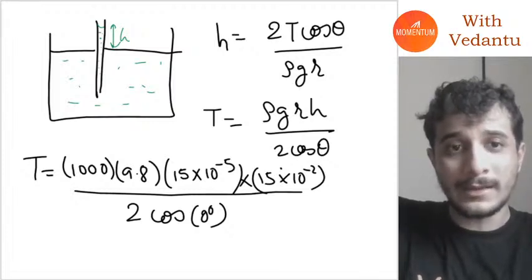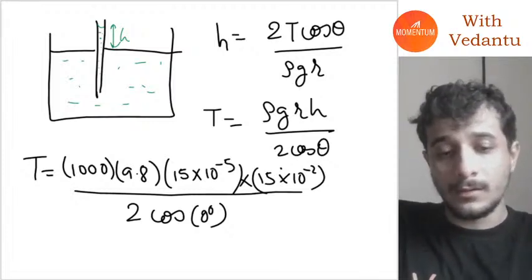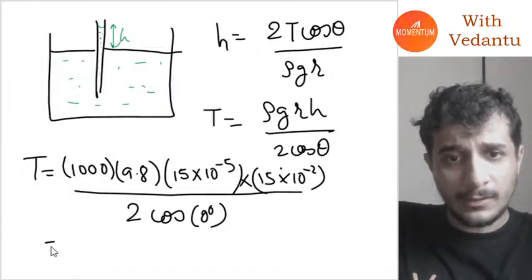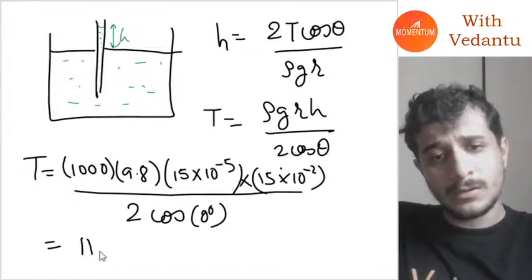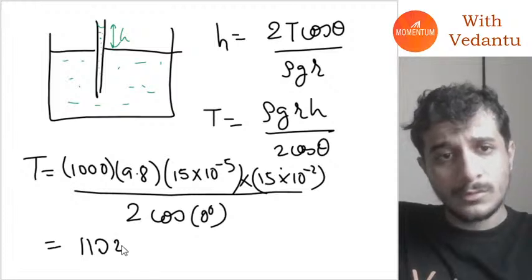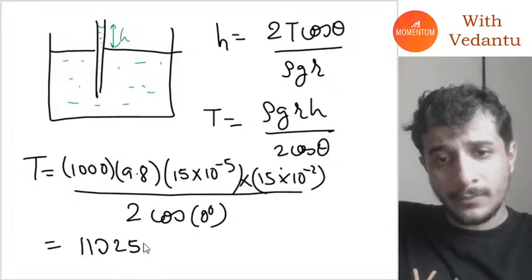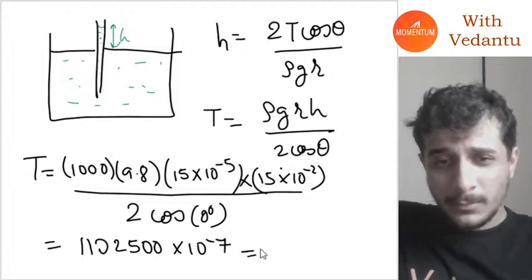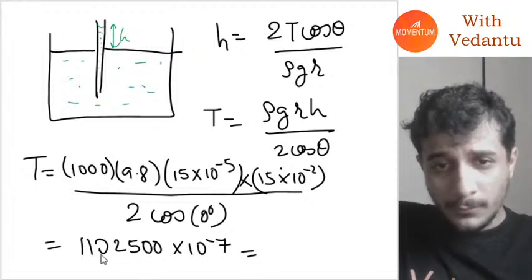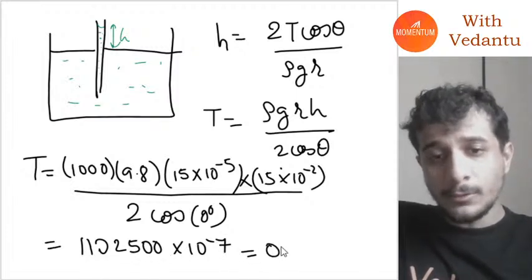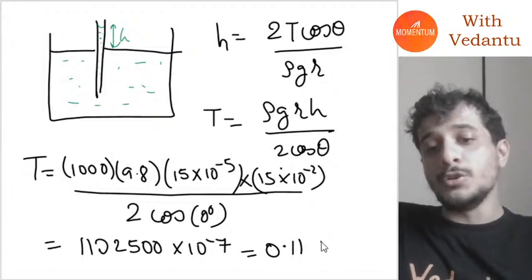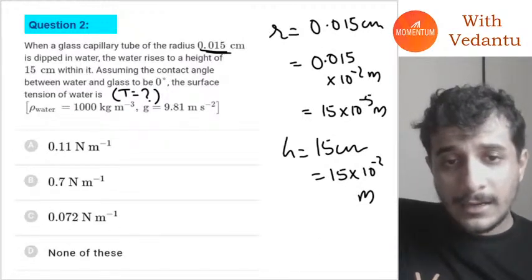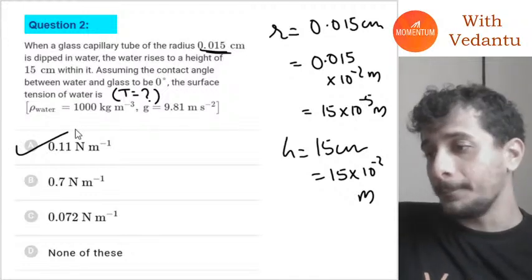If you do, you will get the answer as 1102 into 10 power minus 7, which comes out as 0.11 Newton per meter. That will be equal to option A.